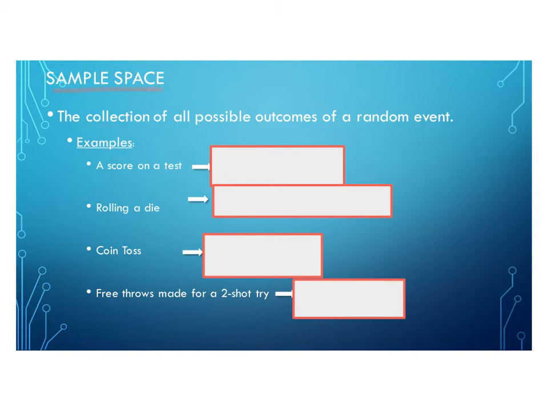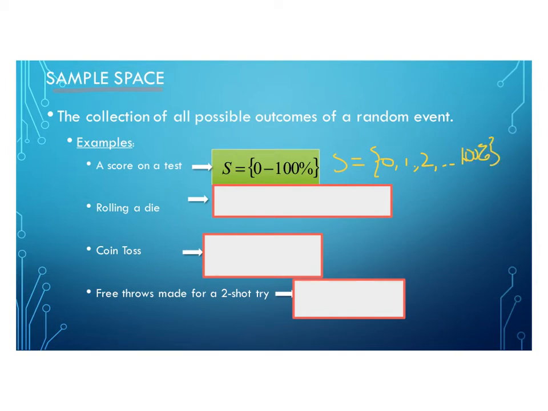So some examples: a score on a test. In this case, we're assuming percentages, and this is actually incorrect. We technically should write it differently. We should write it as S equals, squiggly bracket, 0, 1, 2, dot, dot, dot, 100%.